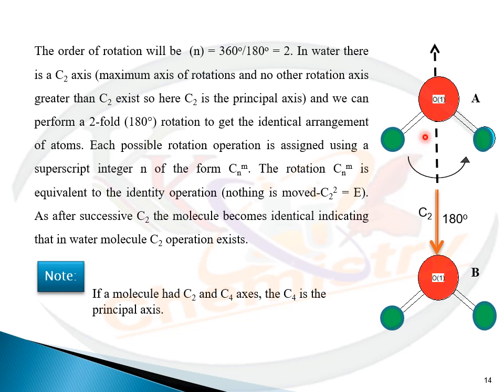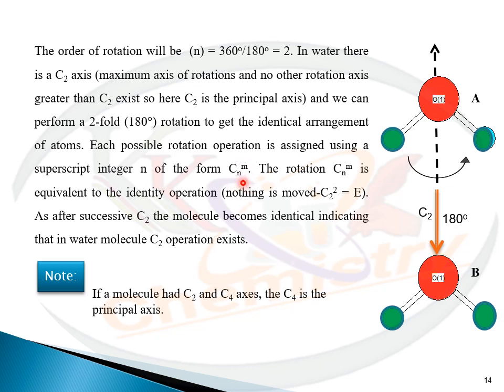After rotating the molecule through 180, we get this one. So both are mirror images of each other, or you can say both are superimposable. So we have performed a two-fold operation, 180. Here you can see Cn over m.